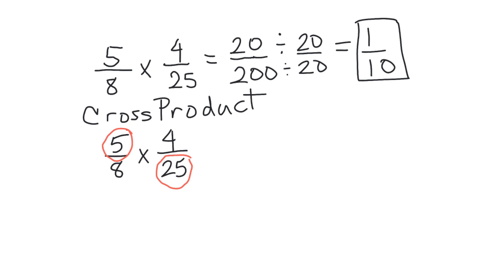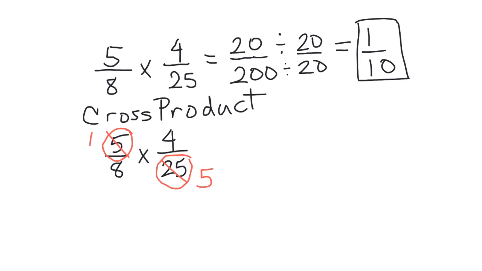So we say 5 divided by its common divisor, 5, is equal to 1. So we cross this out and we put 1. And 25 divided by its common divisor is 25 divided by 5, which gives you 5. I also noticed that there are 4 and 8.